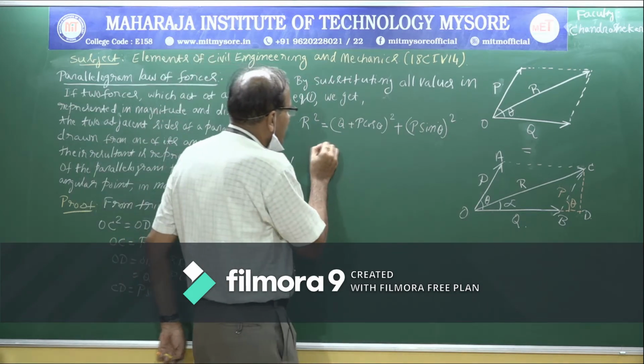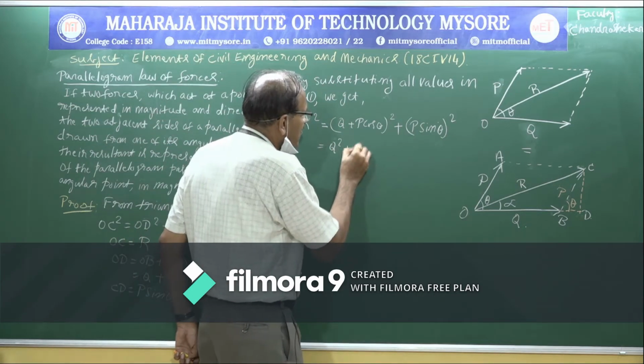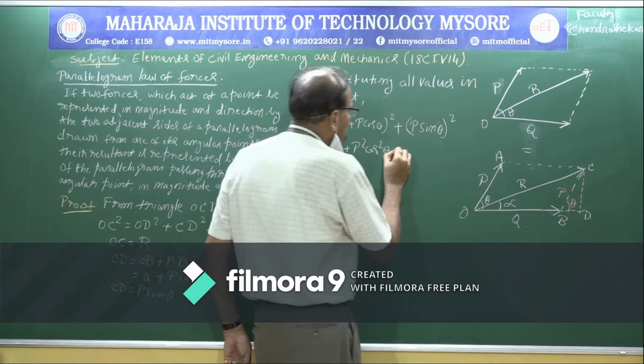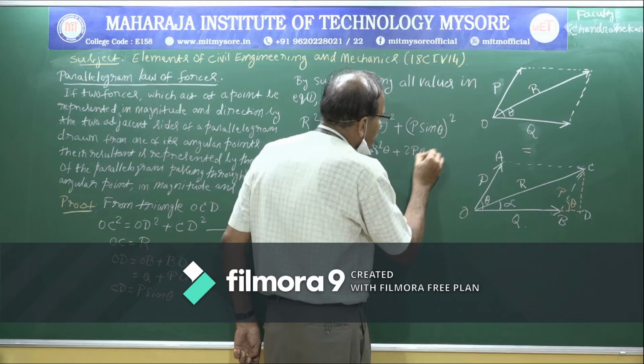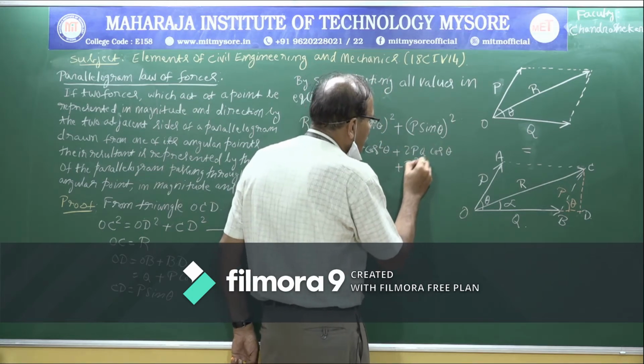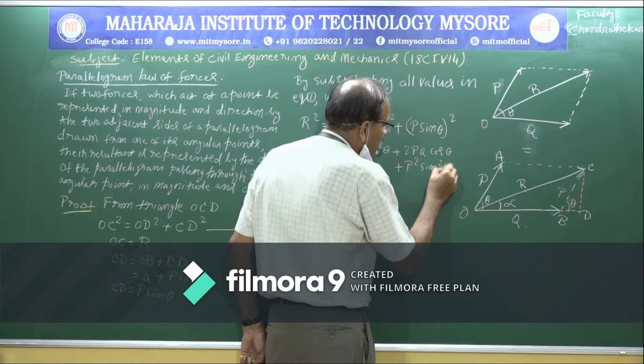Simplifying further, Q square plus P square cos square theta plus 2PQ cos theta plus P square sin square theta.